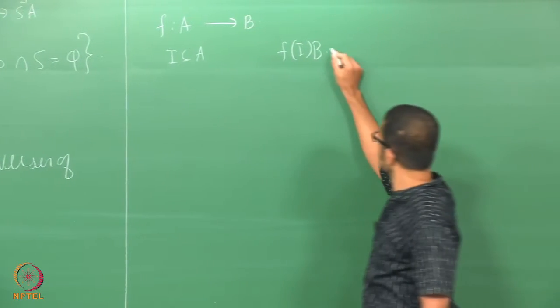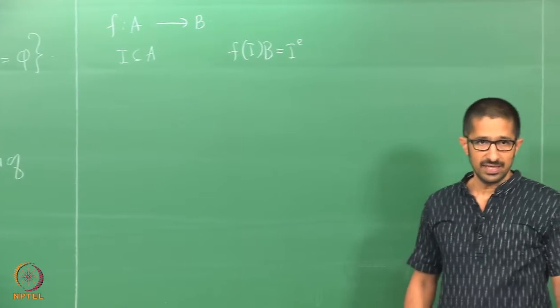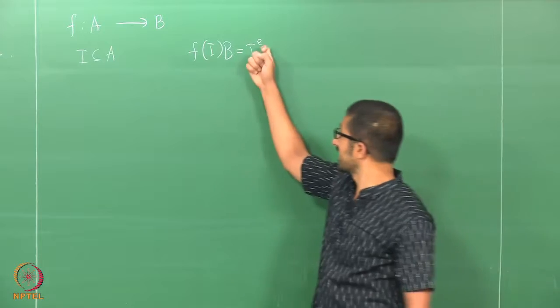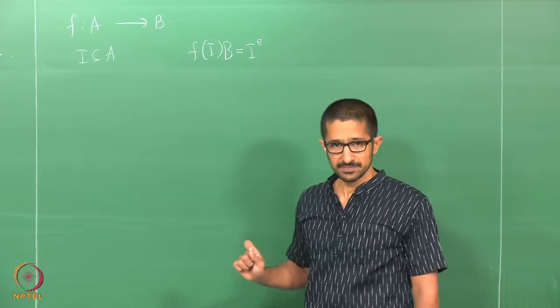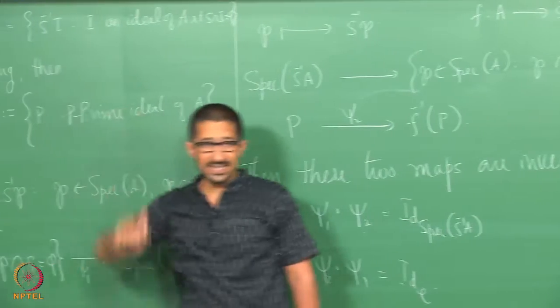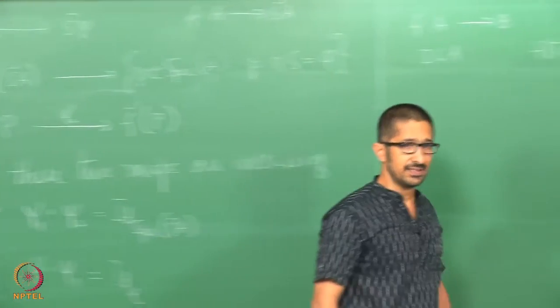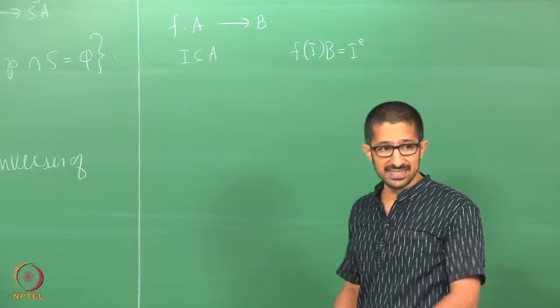This is called the extended ideal corresponding to the ideal I with respect to this map. What we are saying here is that every ideal of S inverse A is an extended ideal.